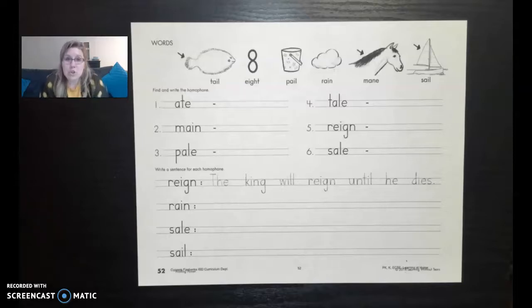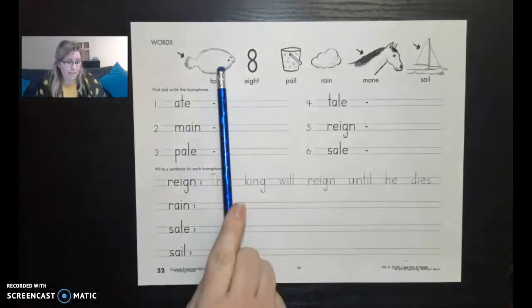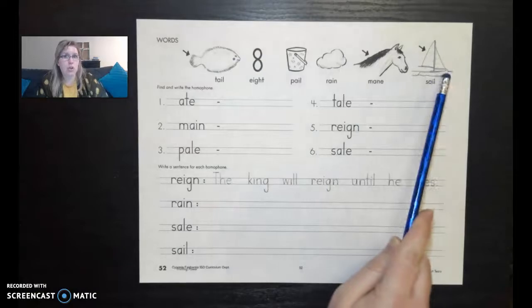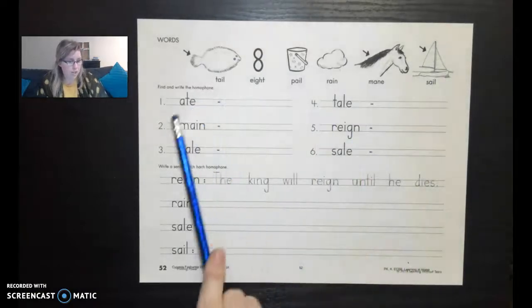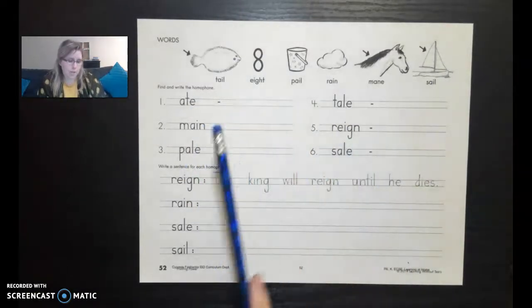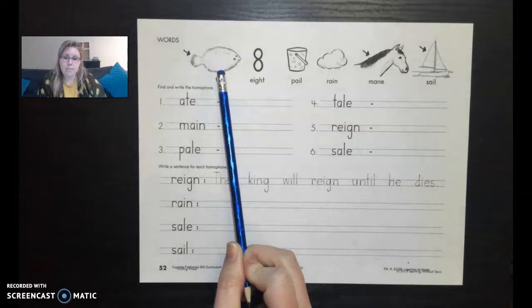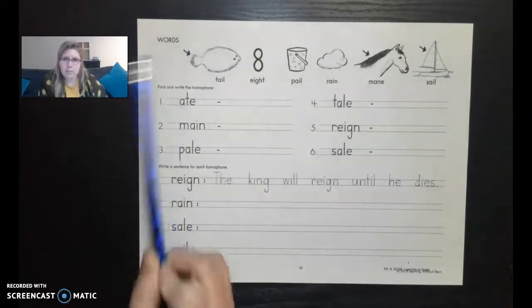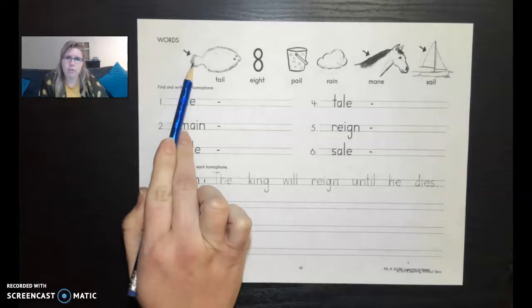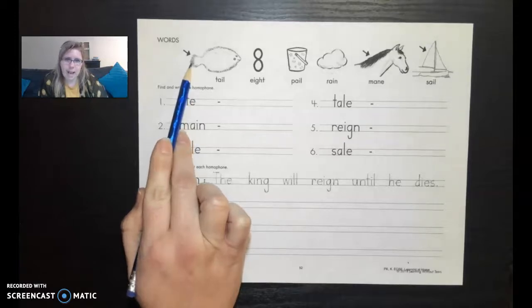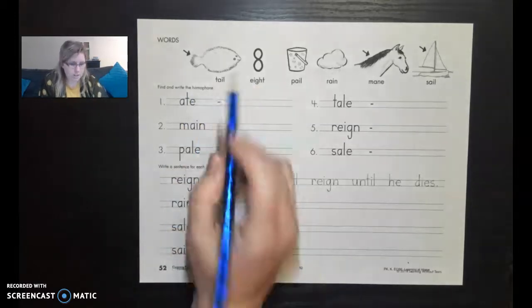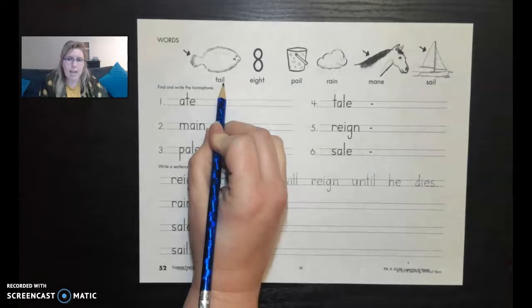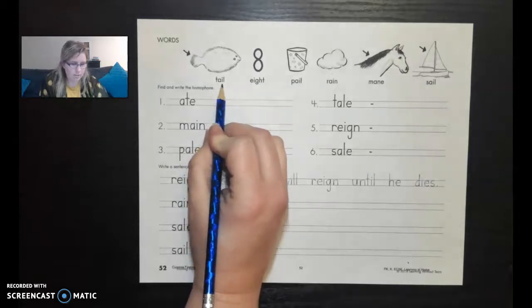So what we need to do is go through and see the pictures we know, and we're going to match it to the words that we might not know yet. So we have this picture right here of a fish, but look where that arrow is pointing. What do we call this part of the fish? Yeah, this is his tail. T-A-I-L. Tail.